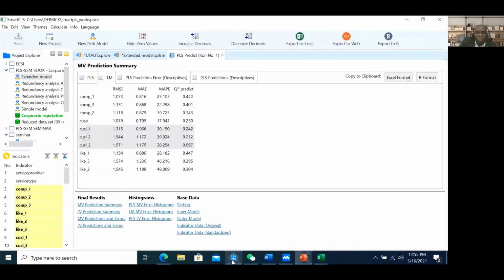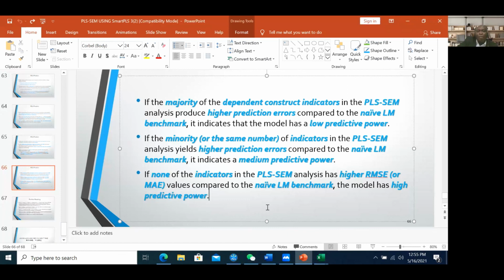So we see that all the values in the PLS predict menu for the target constructs are all lower than their correspondents in the LM, the naive benchmark table. Since they are lower, we have what we call a higher predictive power.